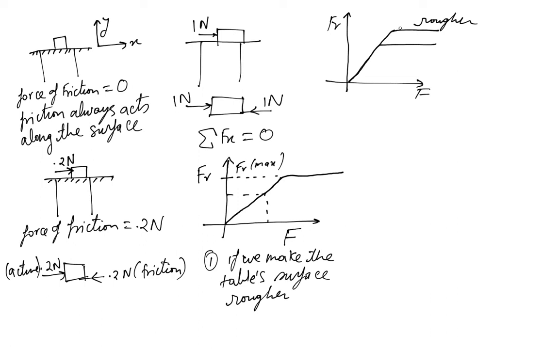You see, the maximum friction has gone up because the surface is rougher. You have to apply more active force to get the book moving. Okay, so friction depends on the roughness of the two surfaces which are in contact.